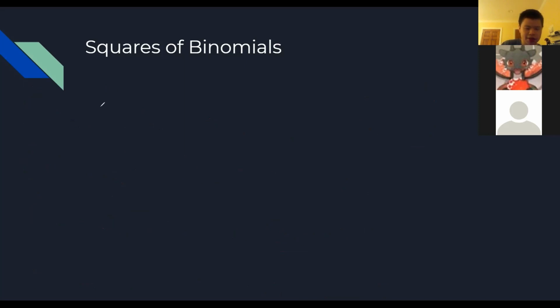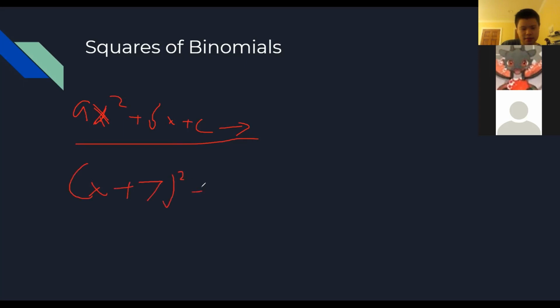Last time we learned about quadratics, which are functions like this, and we wanted to find solutions. But a really easy way to solve a quadratic is if it were something like x plus 7 squared minus 4 equals 0.